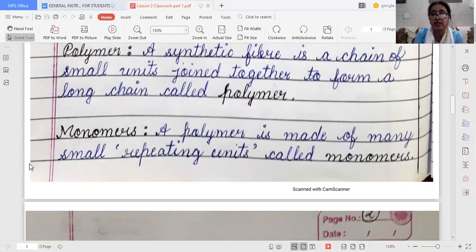I'm just giving one example. Again, a polymer is made of many small repeating units called monomers.